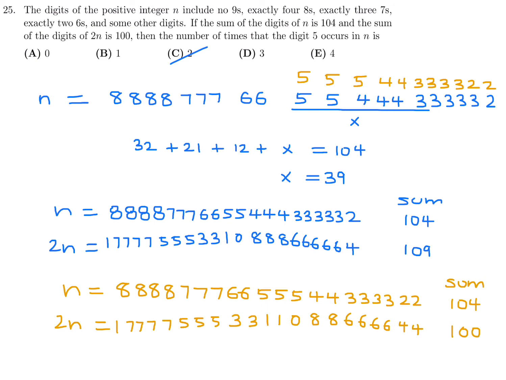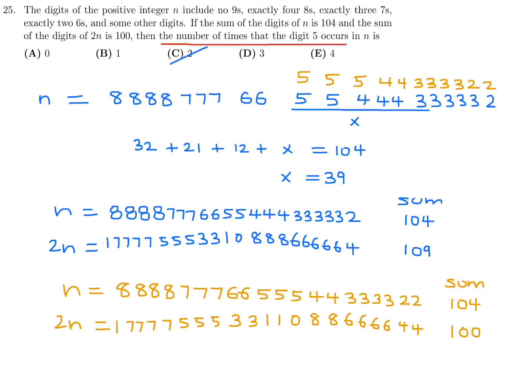So you see how it worked out pretty quickly? And it makes perfect sense too. For number 25, which is usually one of the hardest questions, it works out. A lot of it is just trial and error. So the answer to this question is 3 5s, because they're asking how many 5s occur in the original n.